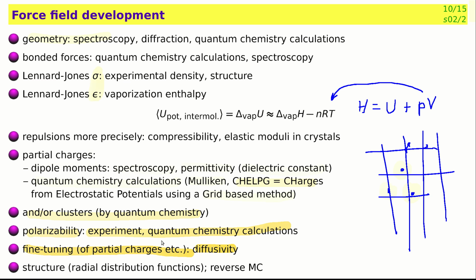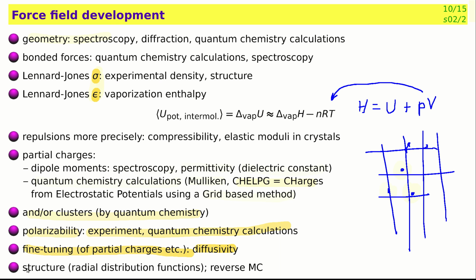It is important, for example, for water, because we have both partial charges in a water molecule that describe hydrogen bonds, and then we have these two terms and they are in a certain relation, and it's difficult to fit them together, and we need another property to fit, and this is diffusivity, because it tells me how fast water molecules are in water, and it's important for a realistic description.